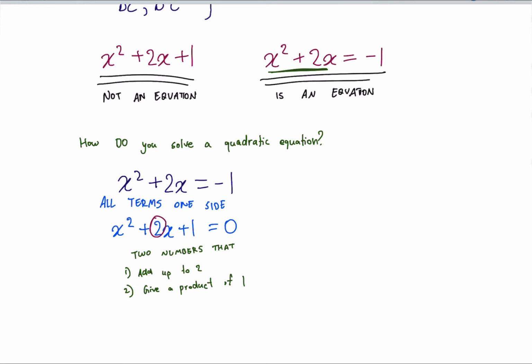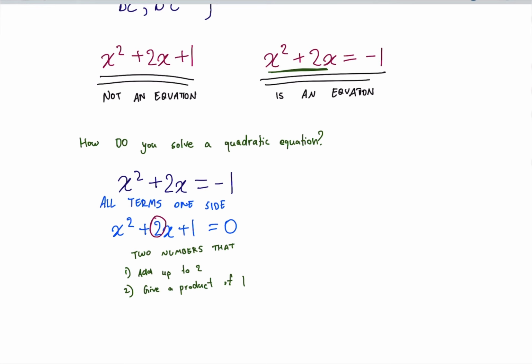That doesn't really require a lot of thinking. The numbers are 1 and 1, because 1 times 1 gives you 1 and 1 plus 1 gives you 2.